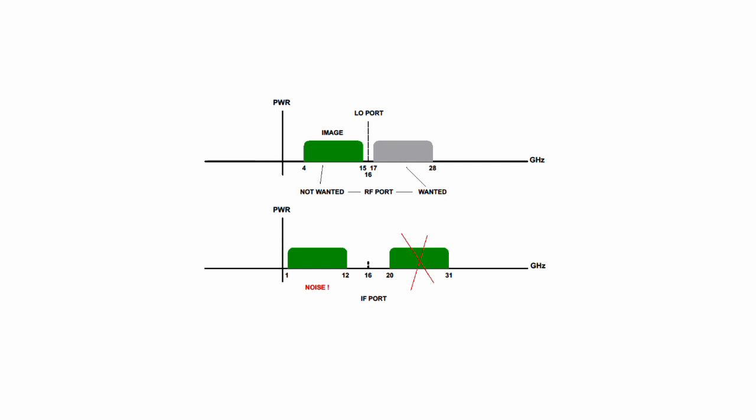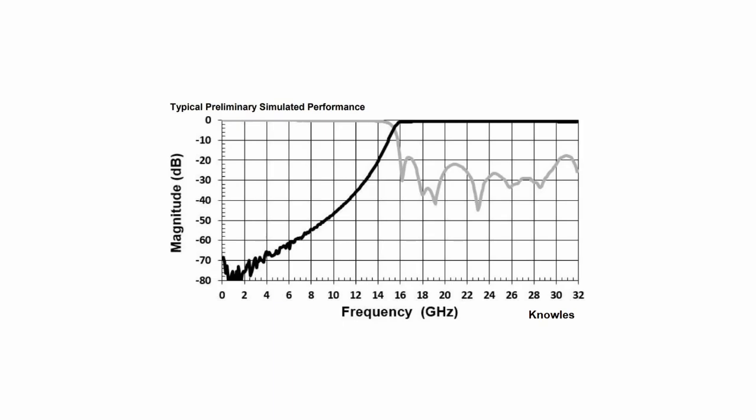The solution will be to use a sharp front-end filter, a high-pass filter, to prevent the image from reaching the mixer, like this one. And the nice thing is that this is a real filter manufactured by Knowles. It's not cheap, but I am confident it will do the work.